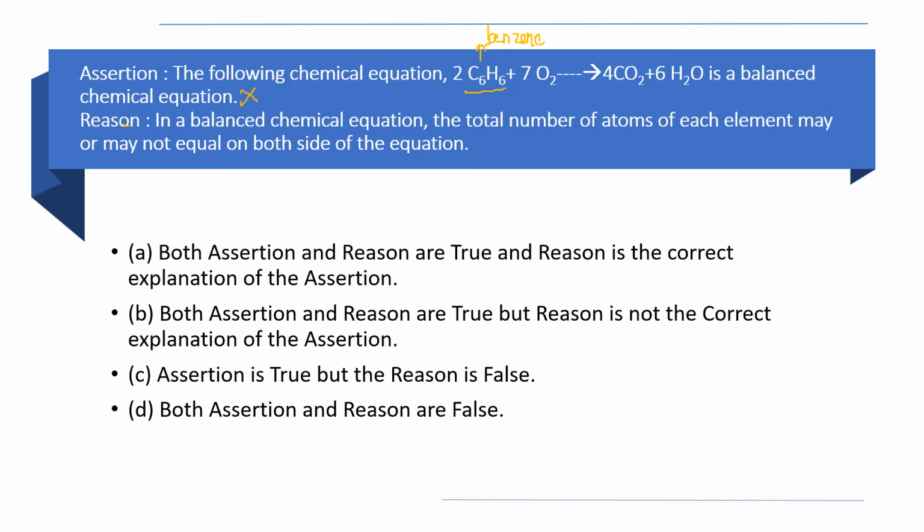In a balanced chemical equation, the total number of atoms of each element may or may not be equal on both sides of the equation. So the reason is false as well. Let's check one more. Here carbon dioxide is 4CO2, and here C6H6 plus 7O2. Sorry, I made a mistake earlier.